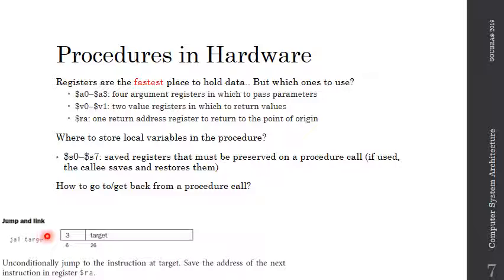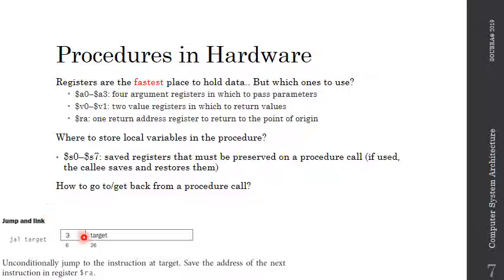So basically I'm saving the address to which I should return once I'm done with my function, right? So this is a one-way ticket, making sure that I still have the address of the point of origin where I transferred the control to the function.